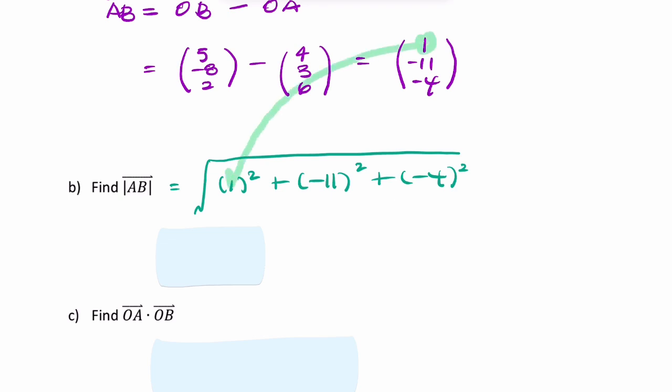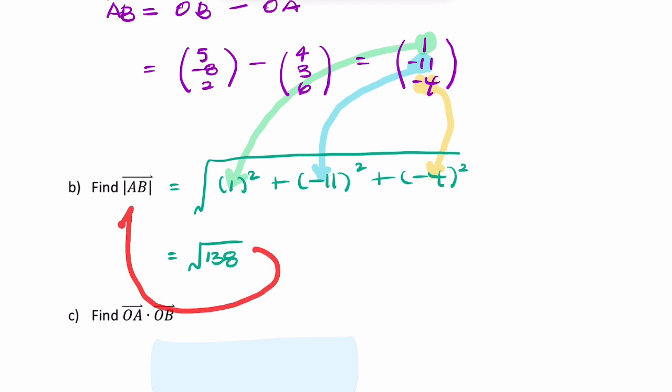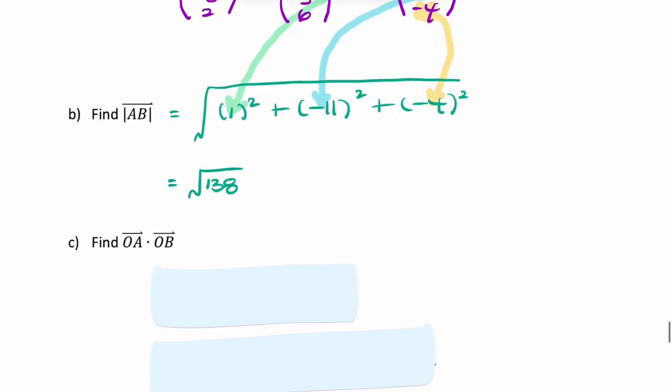So that's your 1, that's your negative 11, and that's your negative 4. So you square these, add them together, and then put them under a square root. And so that is your answer for the magnitude of the vector AB.